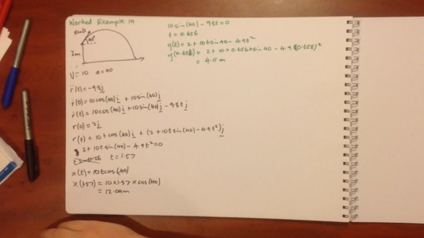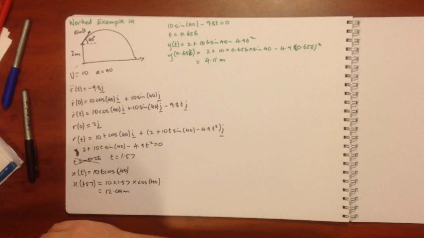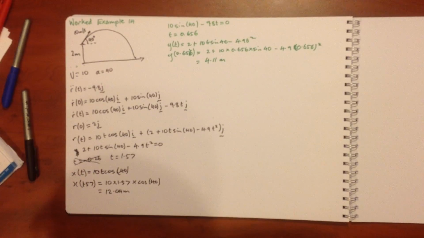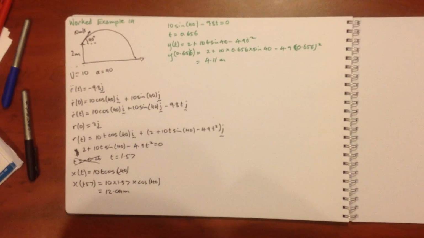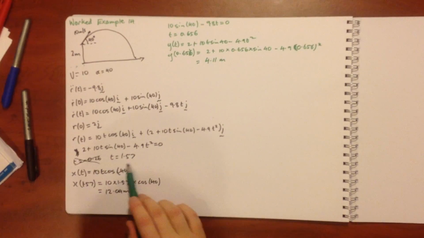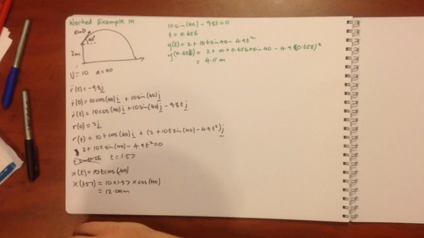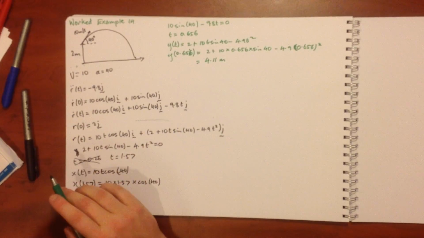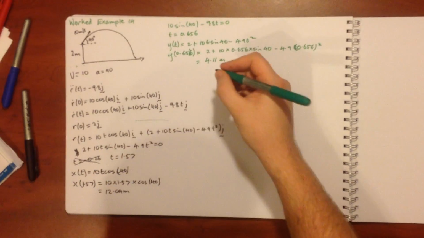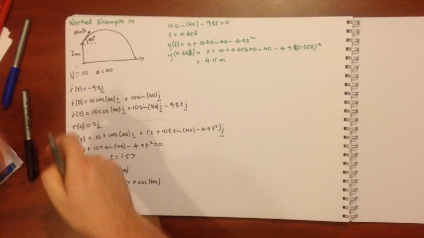Part C, we want to find the speed and angle at which the ball lands. So what we need to do this time is we know that it takes 1.57 seconds to hit the ground. So we need to look at that going into our velocity vector. So I might just change colours.